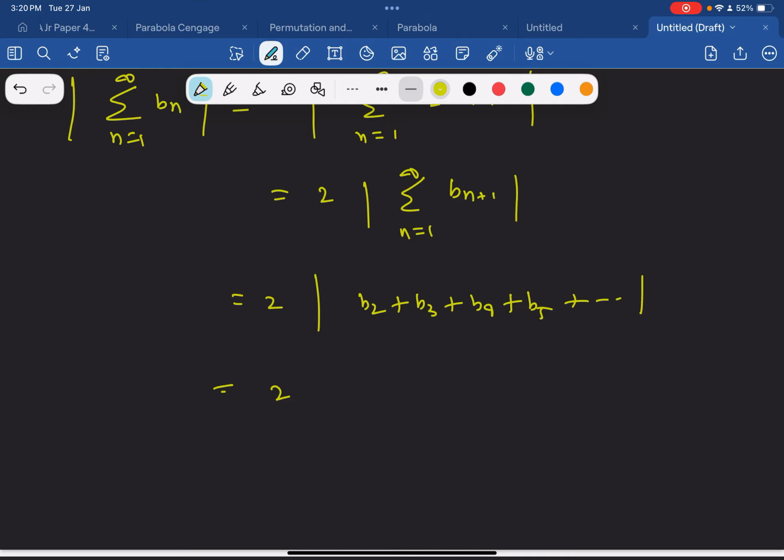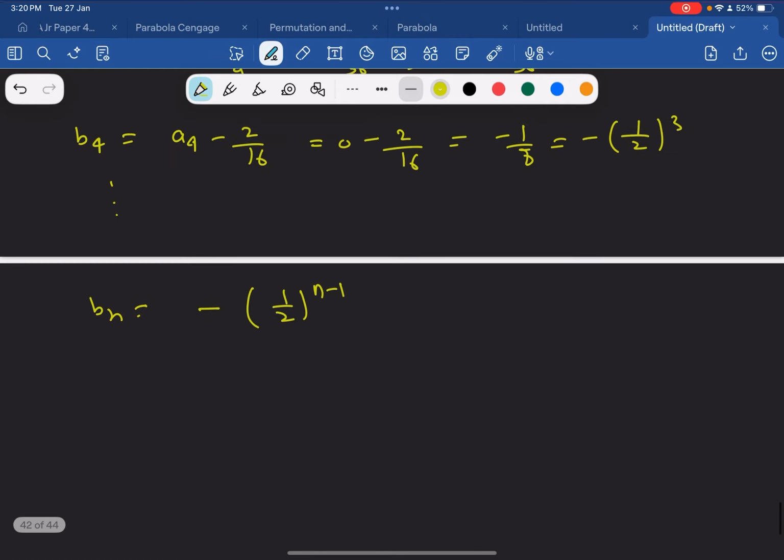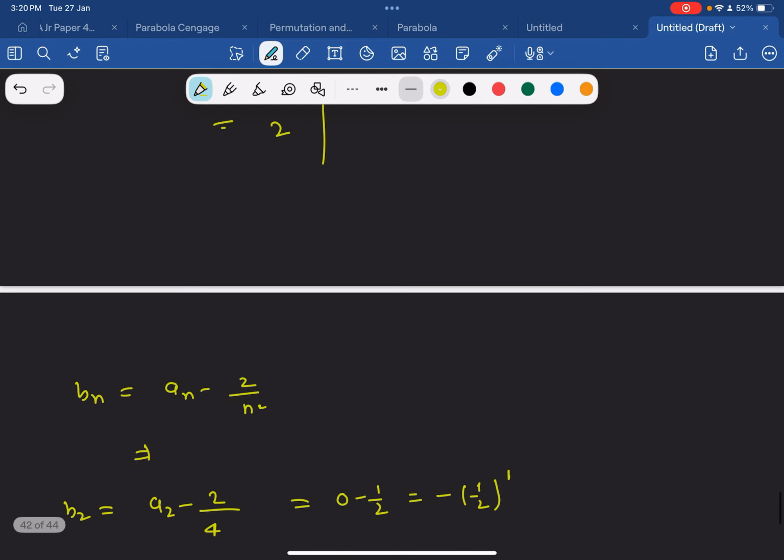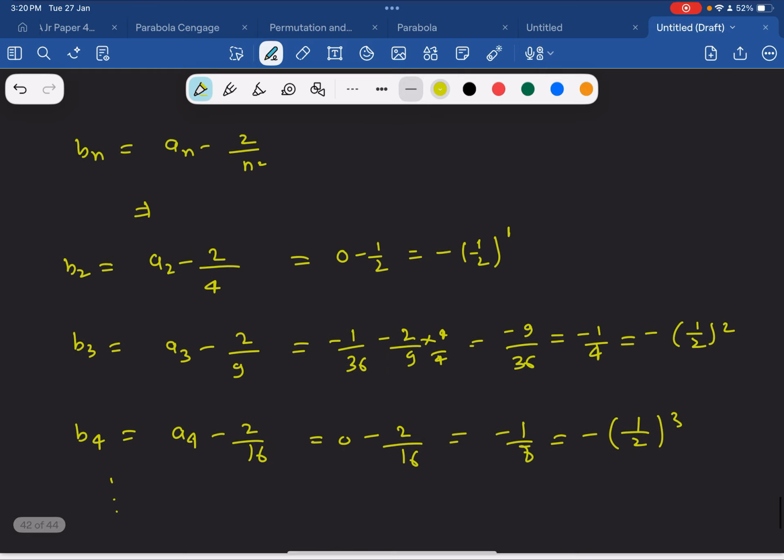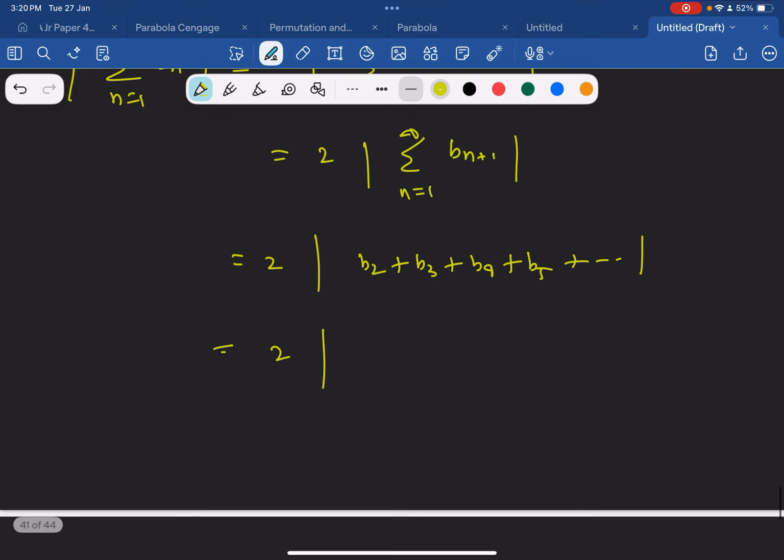Now let us solve the question. What can I write out here itself? B2 will be minus 1 by 2 raised to power 1, minus 1 by 2 raised to power 2, minus 1 by 2 raised to power 3, minus 1 by 2 raised to power 4, and this will continue, correct?